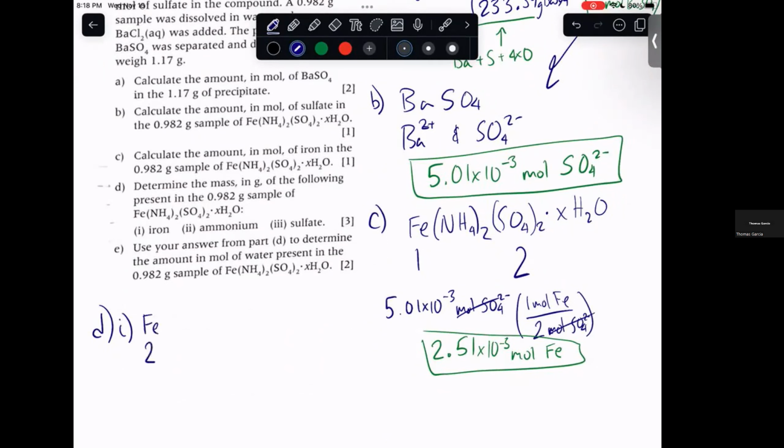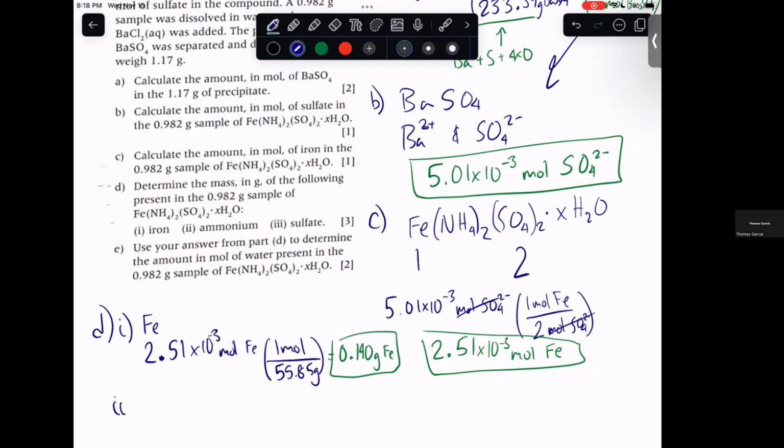Well, we know we have 2.51 times 10 to the negative third mole Fe. We just do a simple molar mass. 1 mole is the same as 55.85 grams. And we will get an answer of 0.140 grams iron.